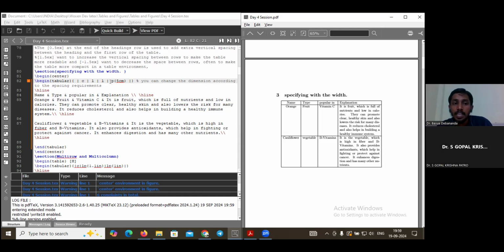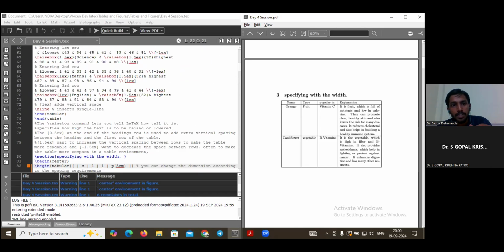Now, here I have written p within the curly brackets, 5 cm. This means it will give a column width of 5 cm. For that, you have to write p{5cm}.